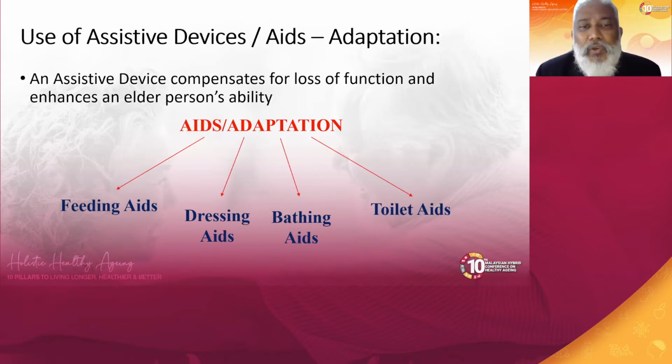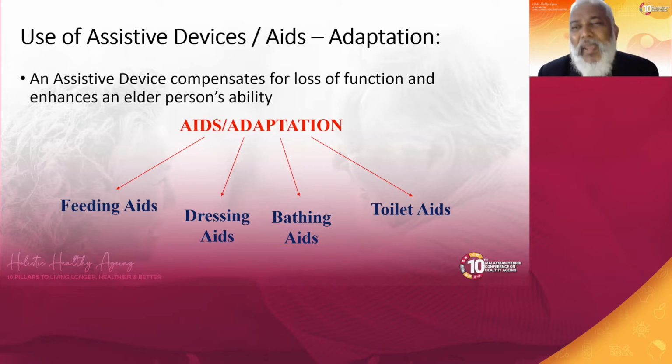When we talk about adaptive tools or aids, aids and adaptation, it's an assistive device that compensates for loss of function. Once we become disabled, we might lose some function, and an assistive device is very useful to enhance the elderly person's ability to perform their activities of daily living.